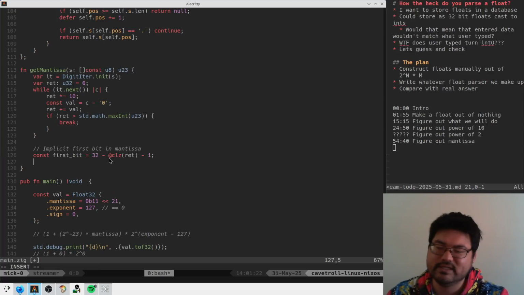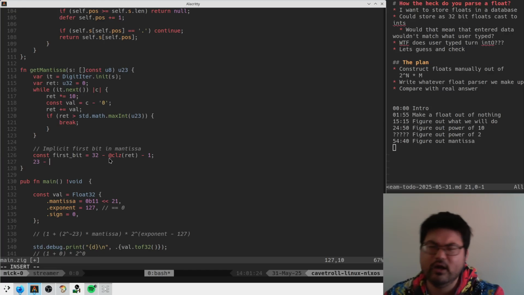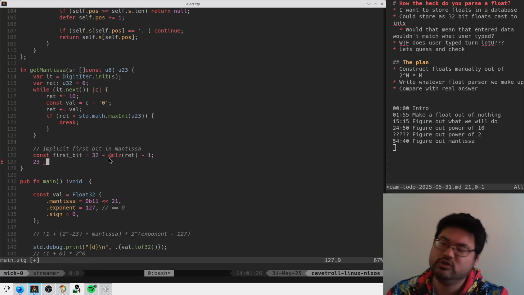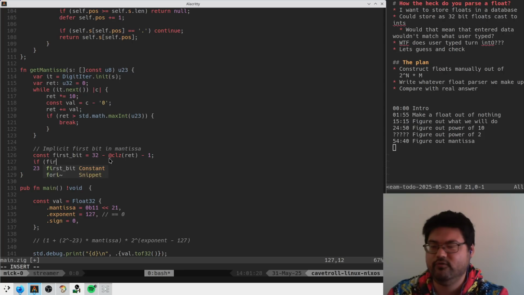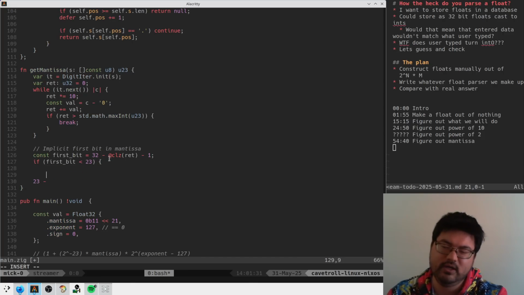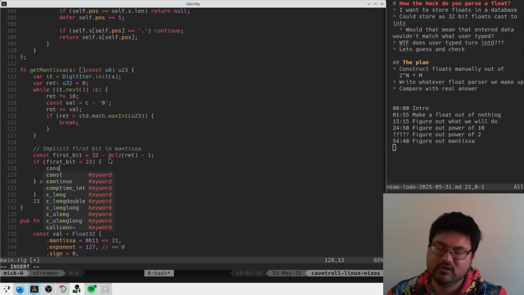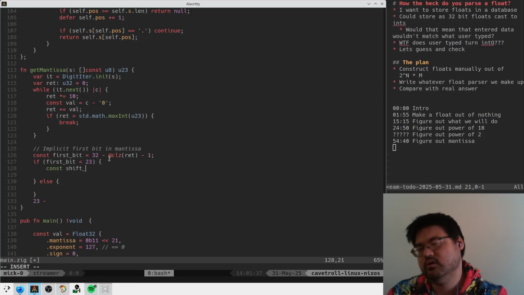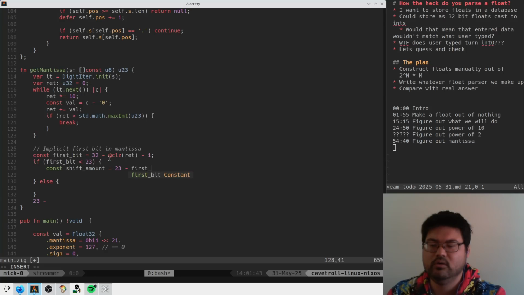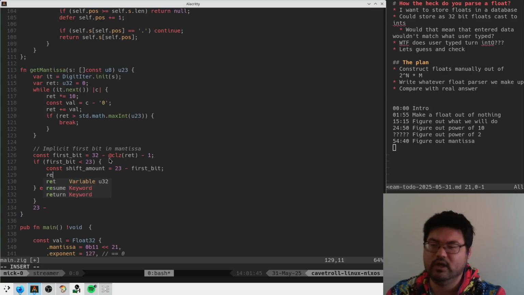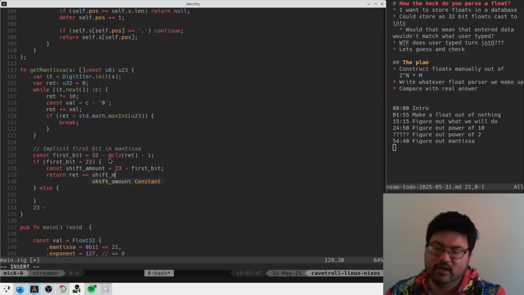So we want this to be 23, right? So we're like, if first bit is less than 23, we're shifting to the left. And then we do like return ret shifted by that amount.